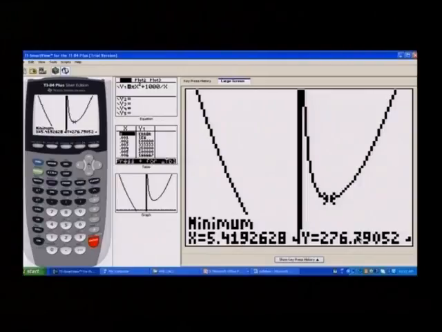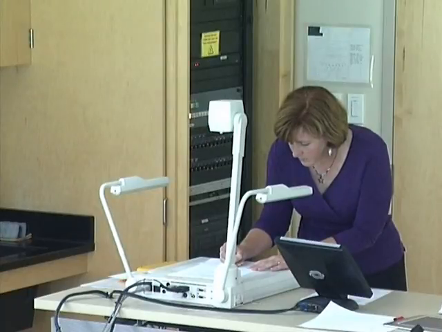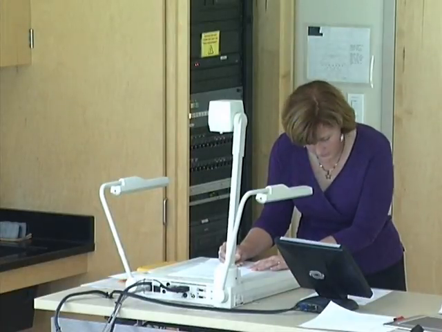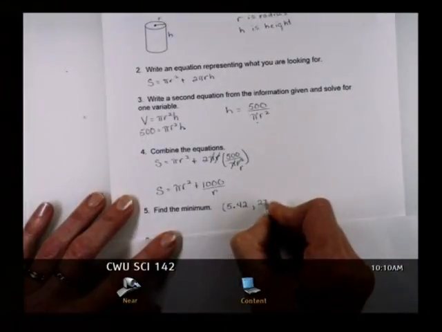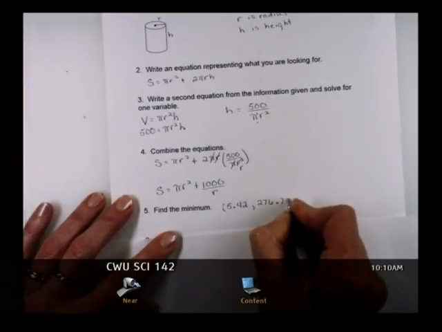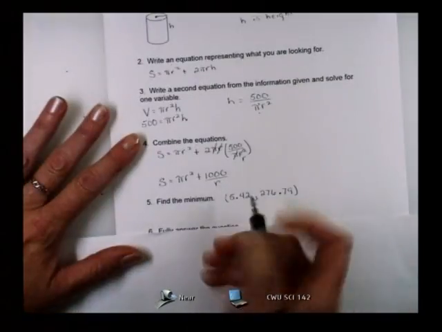All right, find the maximum. So my minimum point, let's write that down. So my minimum point occurred at approximately 5.42, comma, 276.79. Okay, and what were those two values again?